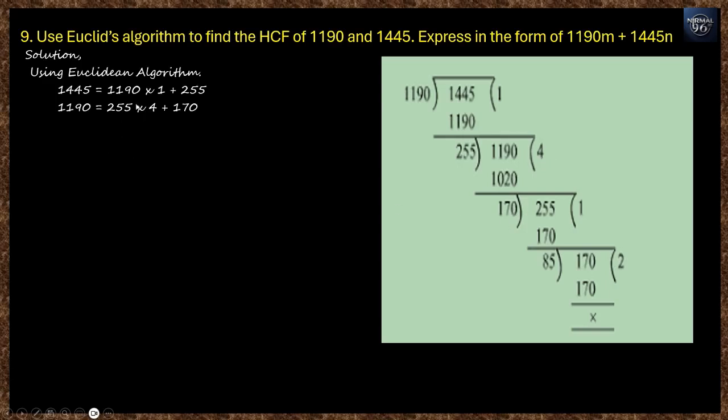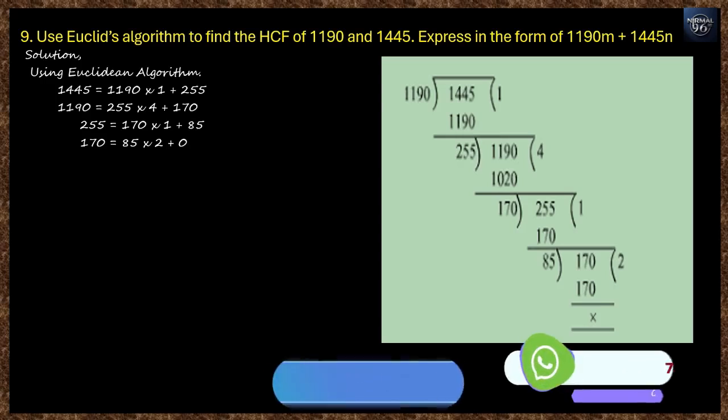Now we will factorize this 255. So 255 equals 170 into 1 plus 85. Now we will factorize 170. Here 170 is equal to 85 into 2 plus 0. So finally you can see we have got the remainder 0.